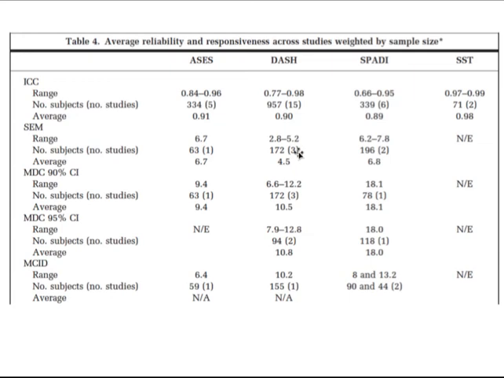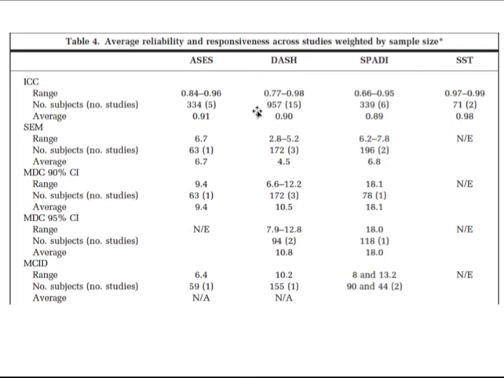And so we could also look at reliability and responsiveness to change, and that's what's listed out here for all the different scales. And first we note the range of ICC values for each one of the scores and the number of studies supporting it. And we can see that in terms of the different scales, the SS has 5 studies, the DASH is 15, the SPADI 6, and the SST 2.